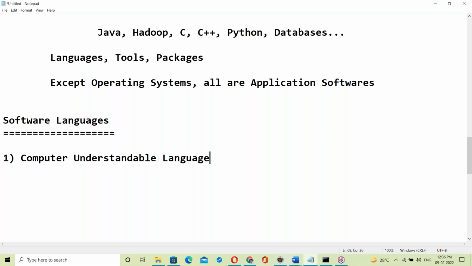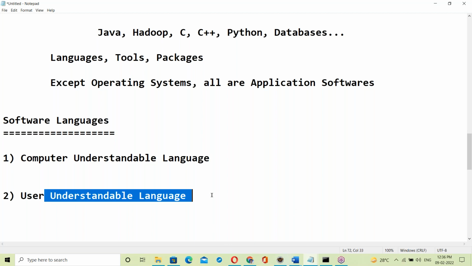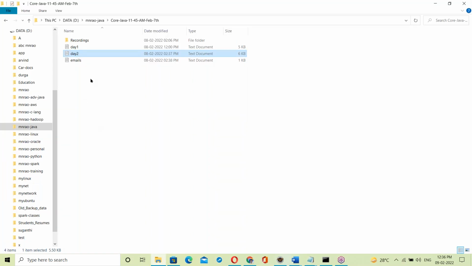And we understand some language, which is user understandable. So computer understandable and user understandable. User understandable is our language, like a C program or Java, they are our language, right?